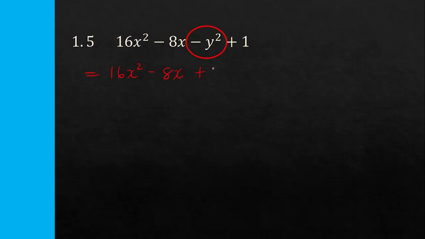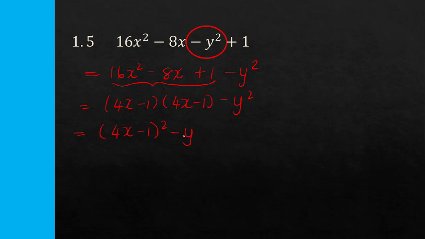Maybe this is going to allow me to have, that's a trinomial, and if I try and factorize that using the AC method, which is in a video before this, this is a perfect square. 4x minus 1, 4x minus 1 minus y squared, and a perfect square bracket goes and makes dots.